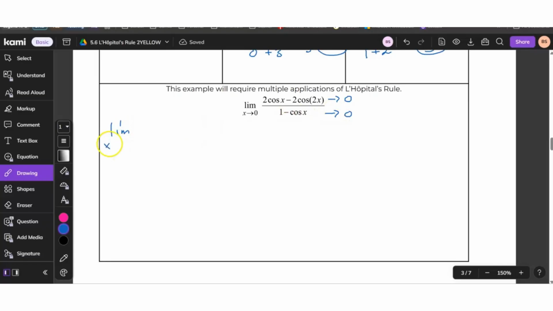The limit as x approaches 0 using L'Hopital. The derivative of 2 cos x is negative 2 sine x. Minus 2 times the cosine. Derivative of cosine is negative sine, so I'm going to put a positive. So plus 4 sine 2x. Why is it 4?